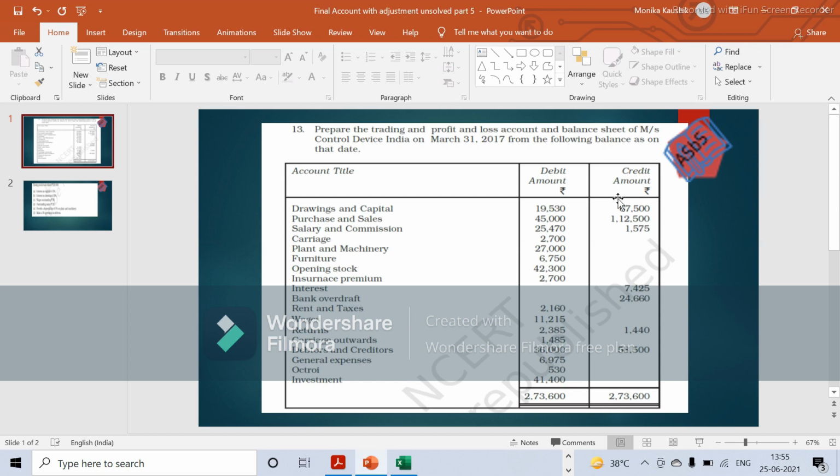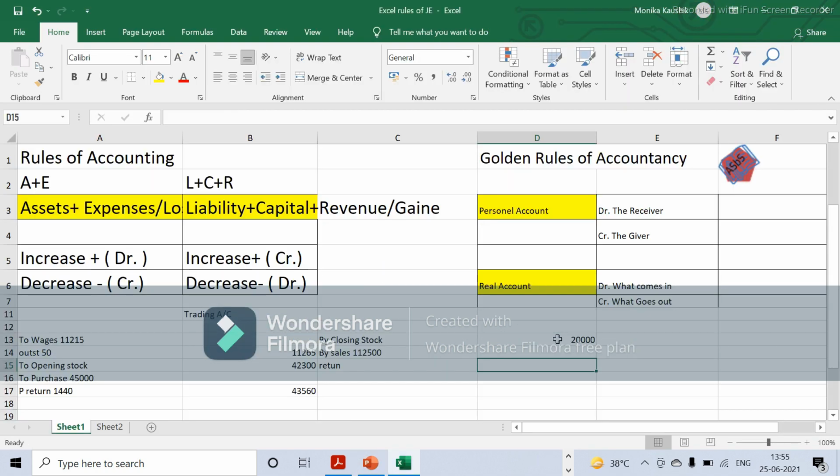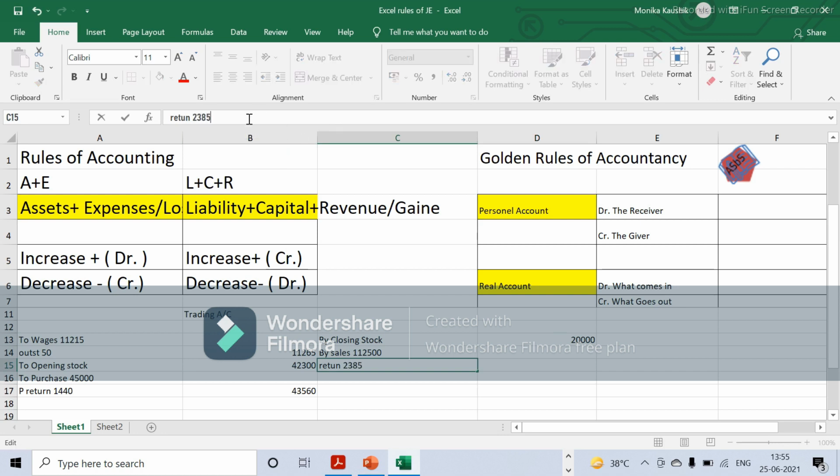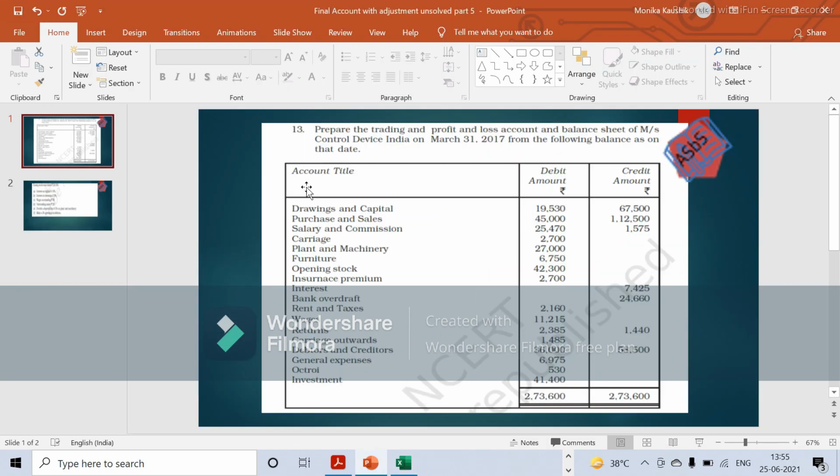Again, the sales balance is always credit, so the return balance will always be debit. 2385, I will deduct it. If I deduct it, I find the net sales: 112,500 minus 2385. So this will be my net sales.